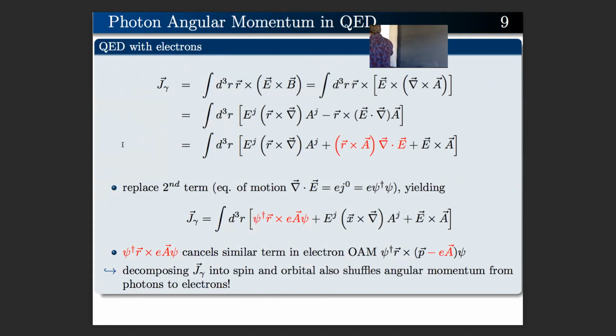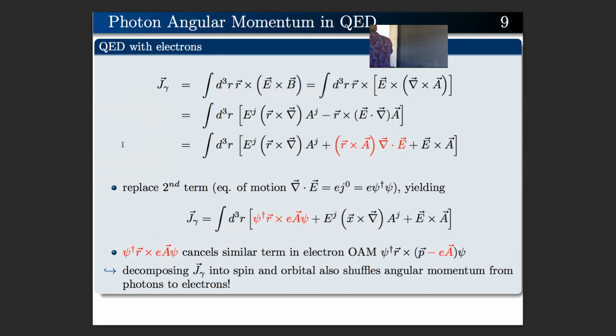This is the gauge field, that's the conjugate momentum for the gauge field, and the indices are contracted, and in between we have the orbital angular momentum operator. So this term has a direct interpretation as the photon orbital angular momentum.